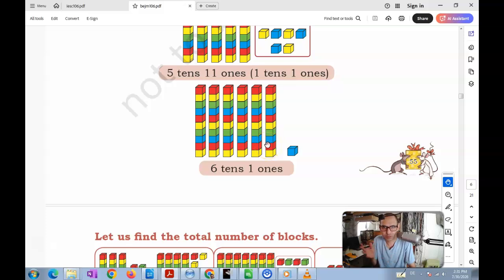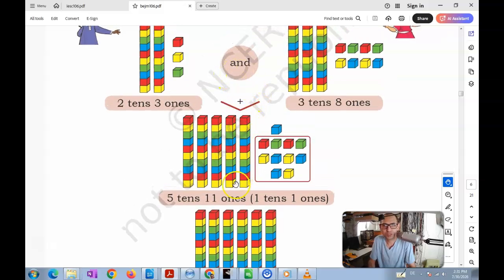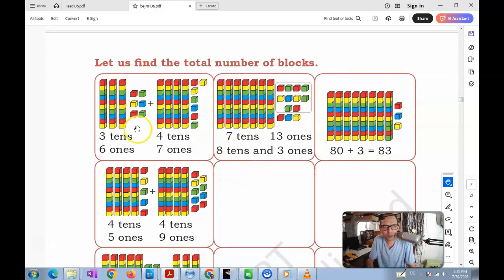This was of course addition, but you can do subtraction in this way as well. Or for example, 36 plus 47, you can again put them together in the exact same way. 3 plus 4 is 7, so that's 7 groups of 10.